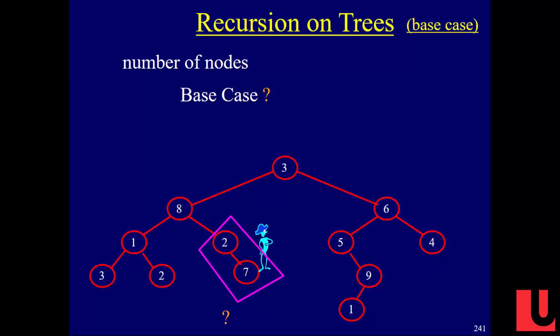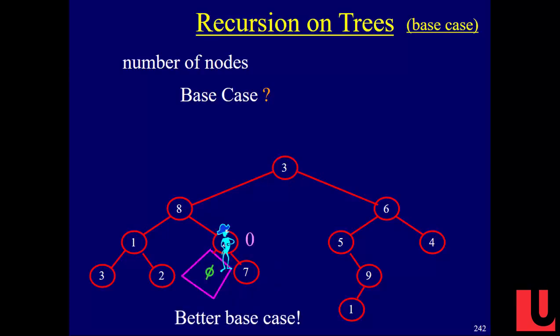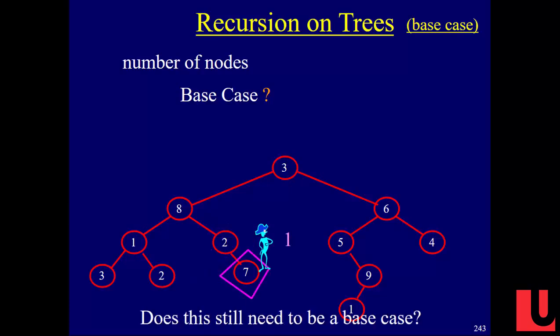Here we don't have to worry about whether every node has a left and a right child. You just have to know what the answer is for the empty tree. So, better base case. Everybody following that? We're going to do one example where the base case is not the empty tree, but generally it's the empty tree.